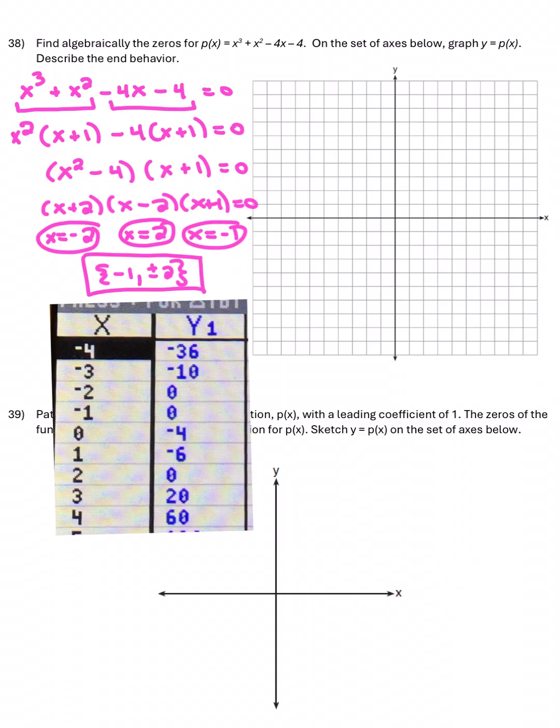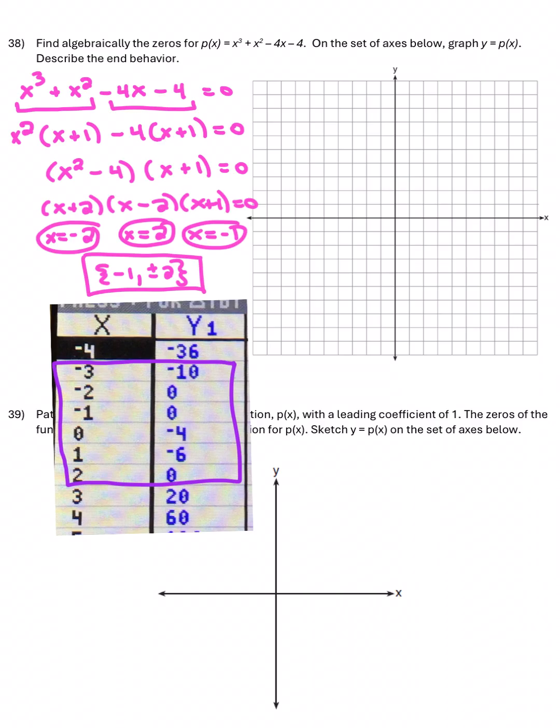You may have to scroll up or scroll down depending on where your table of values is, but it looks to me that this set of axes goes from negative 10 to positive 10 along the x and y axis. So it looks like I could fit everything from negative 3, negative 10 up until really 2, 0. Because once I get to 3, 20, 20 is too big. It's going to be off the graph.